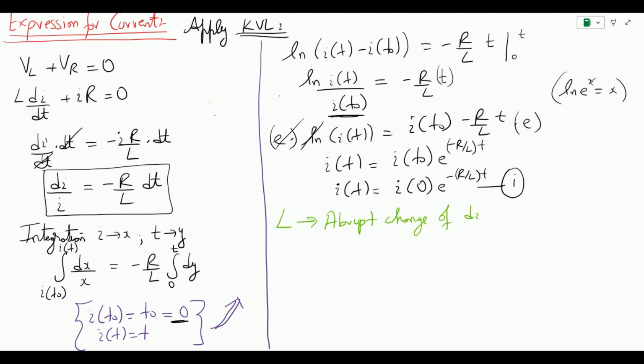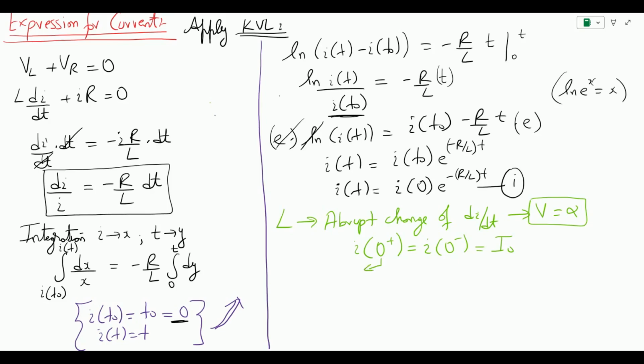So we avoid this di by dt, because if we do so, the voltage goes towards infinity, and we don't want this condition. So in order to avoid this condition, we use the equation that the initial current I0 plus equals I0 negative, which is equal to I naught. Here, what are these terms and how we are taking this, we'll talk about it.